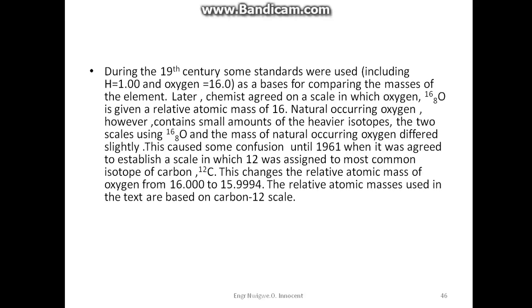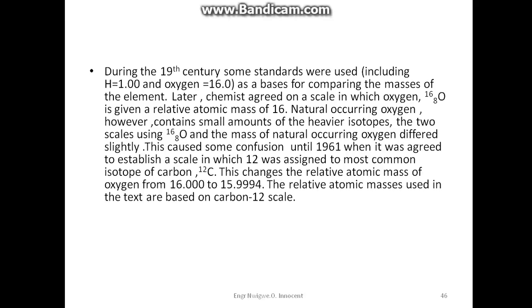This caused some confusion until 1961, when it was agreed to establish a scale in which 12 was assigned to the common isotope of carbon, carbon-12. This changes the relative atomic mass of oxygen from 16.00 to 15.9994. The relative atomic masses used in the text are based on carbon-12.